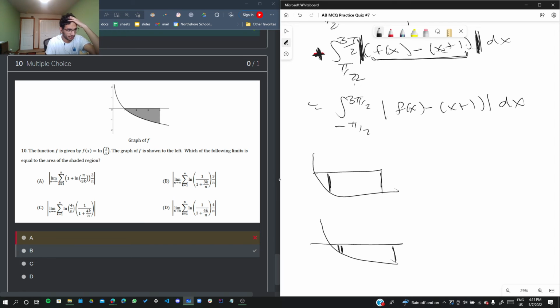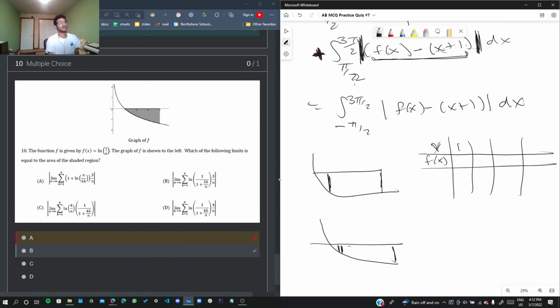Let's say we have 3 rectangles, and let's approximate each of these. So we have x, and then f of x. Then you have 1, 2, 3, and 4. Suppose, okay, natural log, this is definitely 0, right?